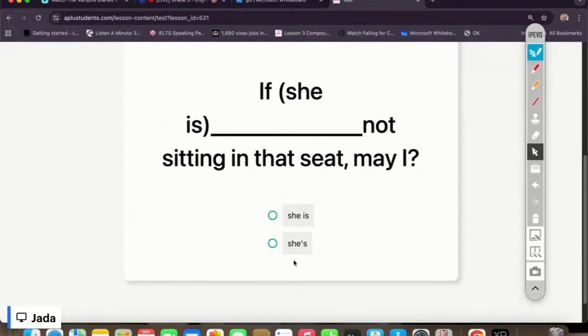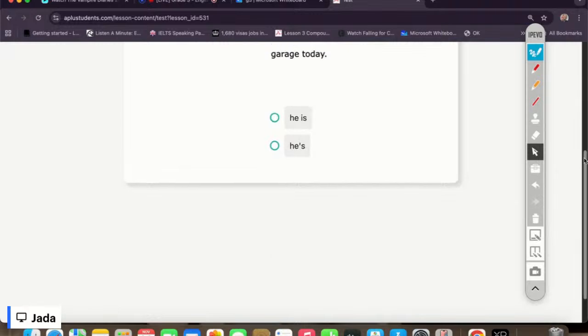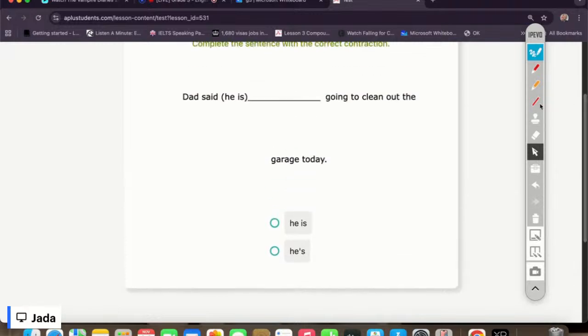Okay, so we have she is, the second. Okay, so next we have, Dad said he is going to clean out the garage today. First or second, and good sentences on the chat.